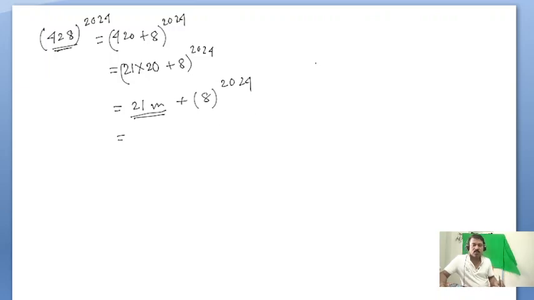Now we get here 8 to the power 2024. We write this as (8 square) whole to the power 1012, that is 64 whole to the power 1012 here.